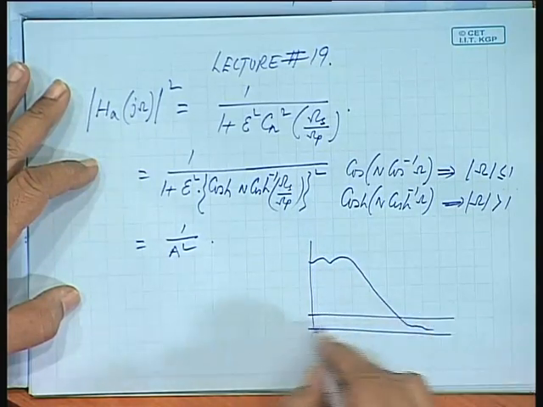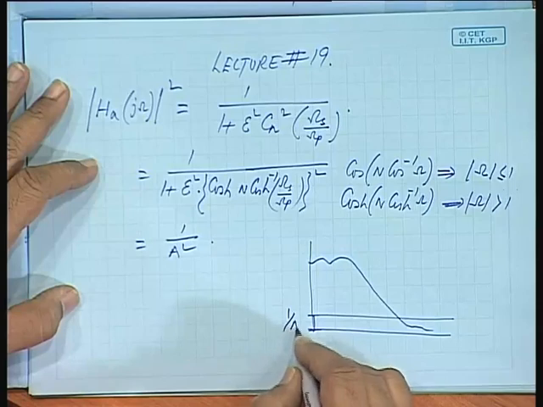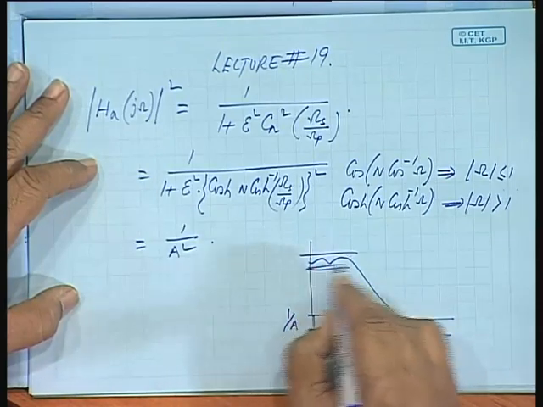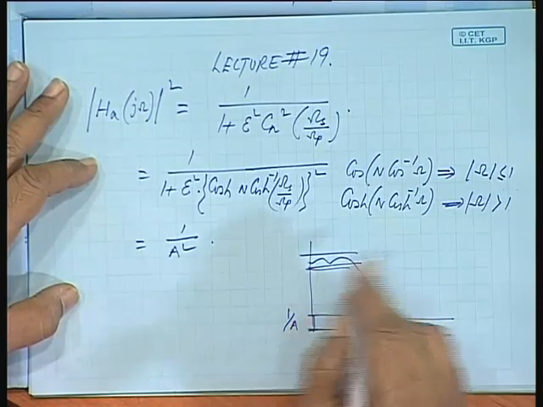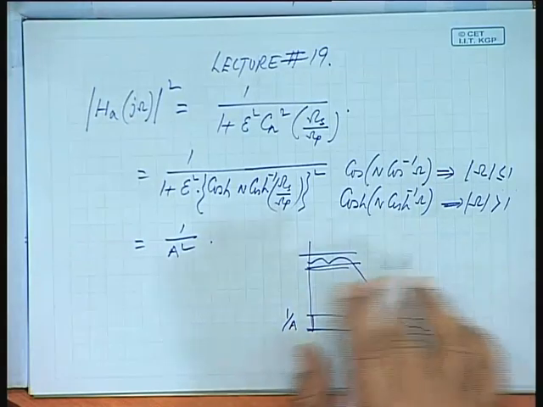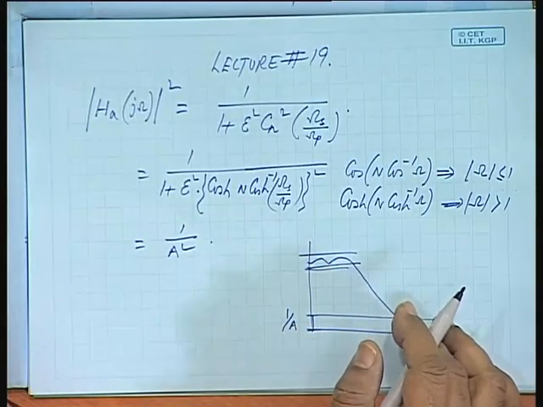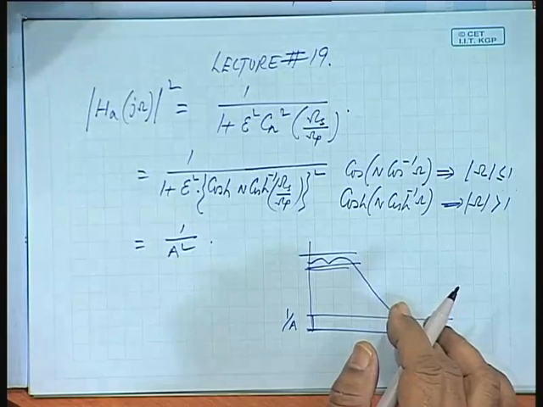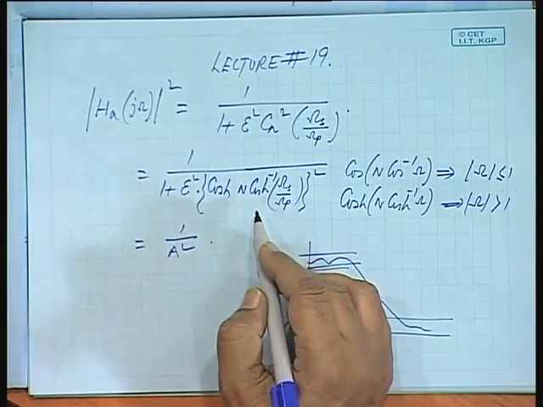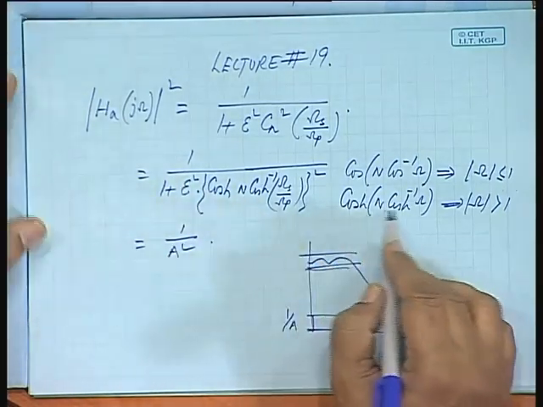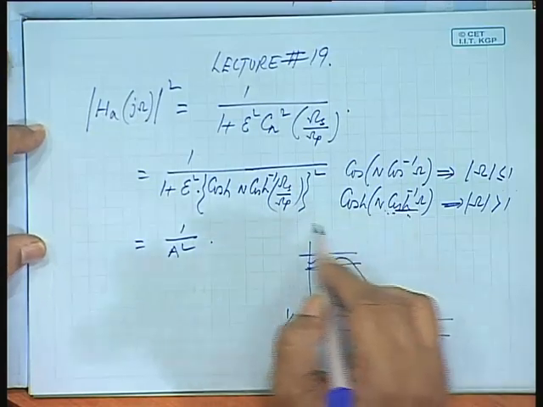So, this was given as 1 by A, and this was the tolerance in the pass band. We will refer to the same quantity A, and that will be equal to 1 by S squared when it is in the stop band.